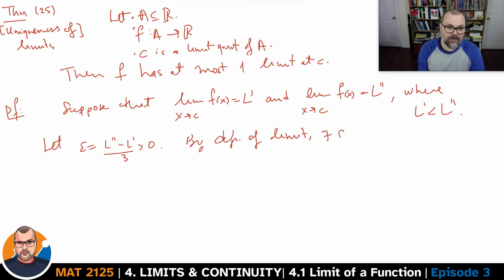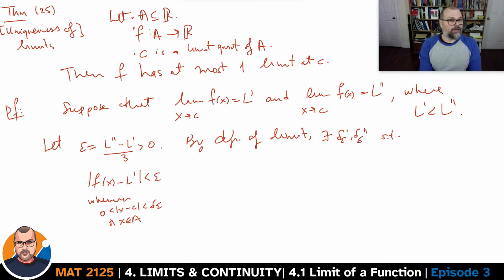By the definition of the limit, you're going to be able to find a delta epsilon prime and a delta epsilon prime prime, one for each of L prime and L prime prime, such that the absolute value of f(x) minus L prime will be smaller than epsilon whenever the absolute value of x minus c is smaller than delta epsilon, x is not equal to c, and x belongs to the domain of the function, and the same thing for the other limit.